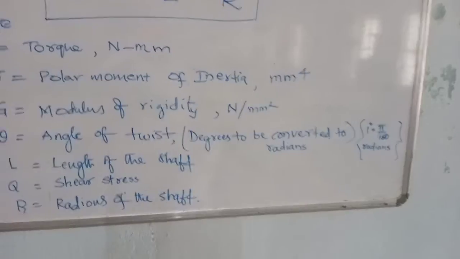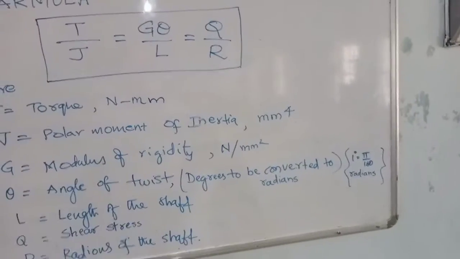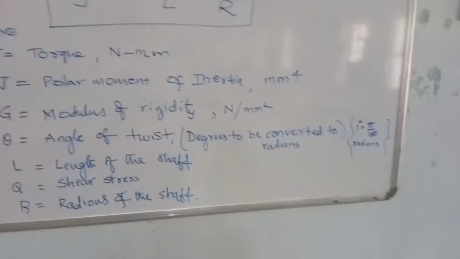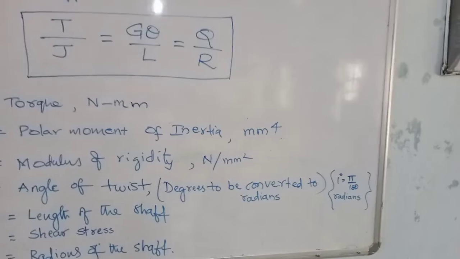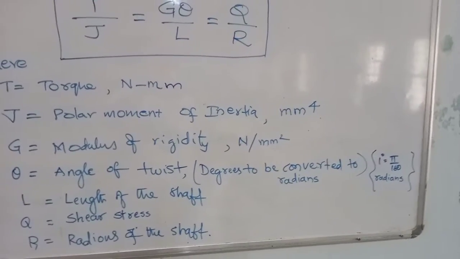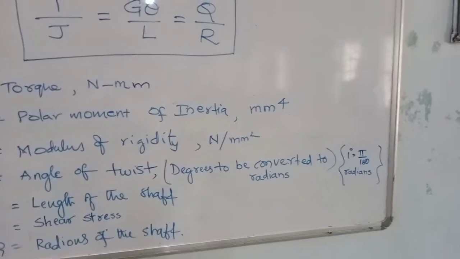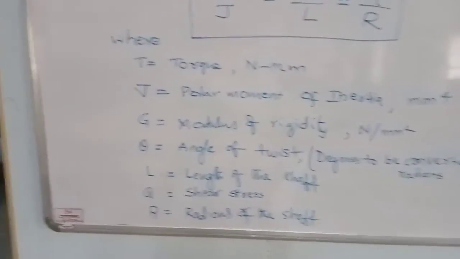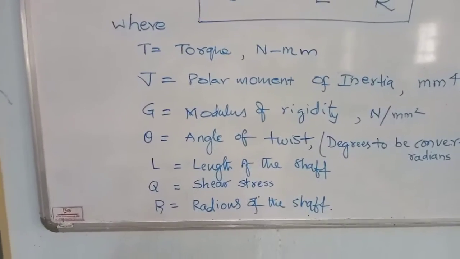So this is in degrees, which we can convert into radians. How can we convert degrees into radians? 1 degree is equivalent to pi by 180 radians. Likewise, the length of the shaft is in mm.